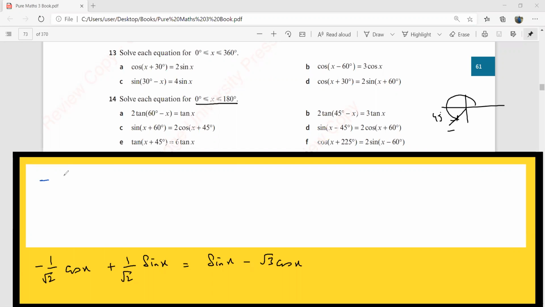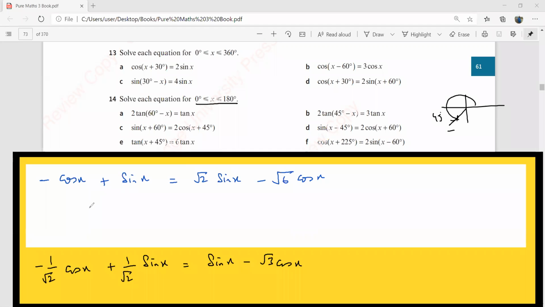So this is minus cos x plus sine x, that is under root 2. That is how you can get rid of these fractions peacefully. This is under root 6 cos x. So I multiplied the whole equation by under root 2.